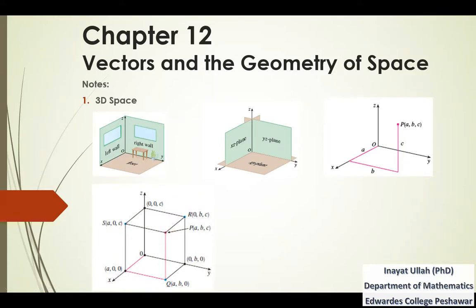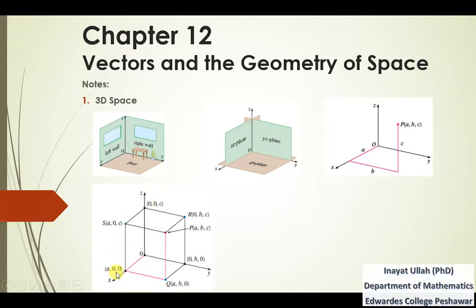Now, as this point (a, b, c), which is denoted by P, is in the space, if you put a light on this point, its image will be produced on this zx plane.